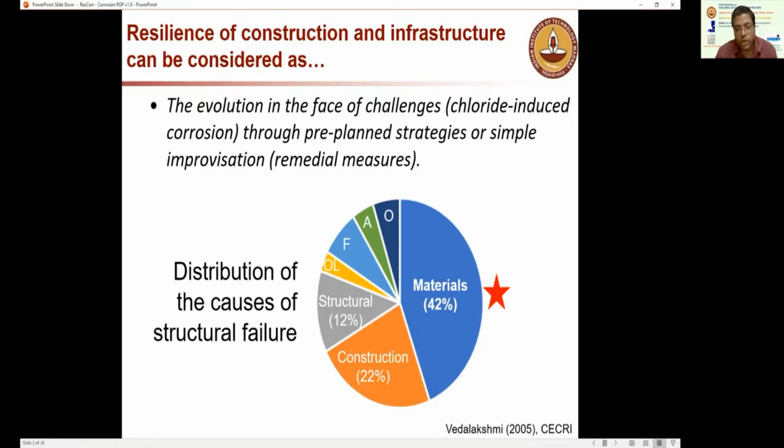But often we don't recognize it because it's a slow process, whereas we give more importance to structural reasons or other construction-related reasons. Materials have a significant role, especially their durability properties, in defining the service life and how we can protect structures from failure.